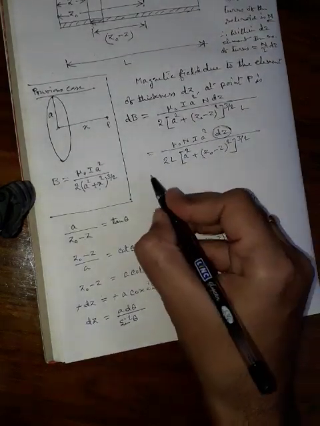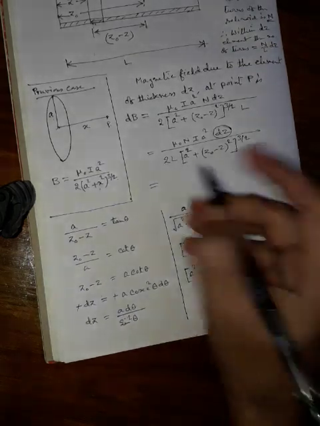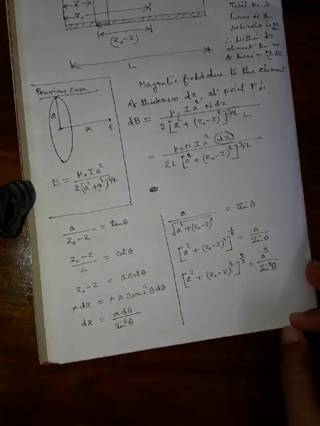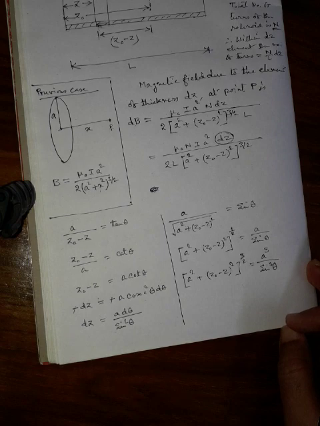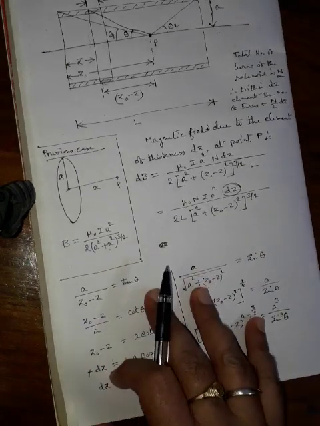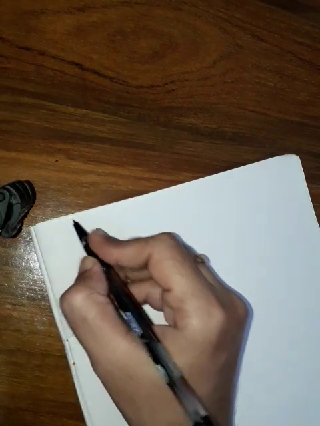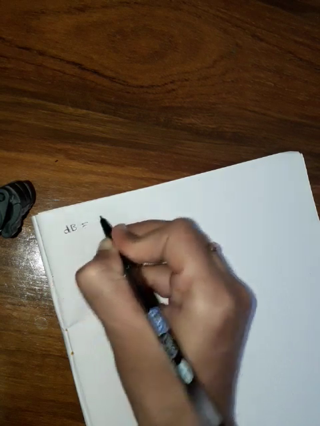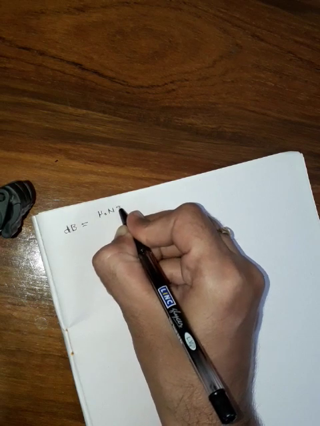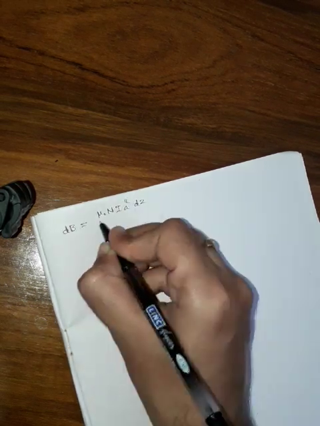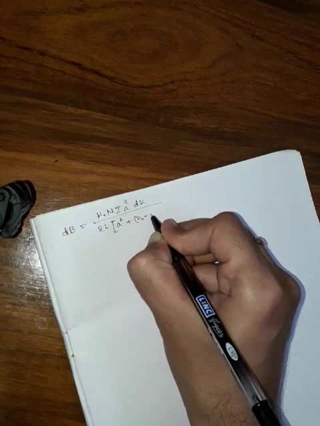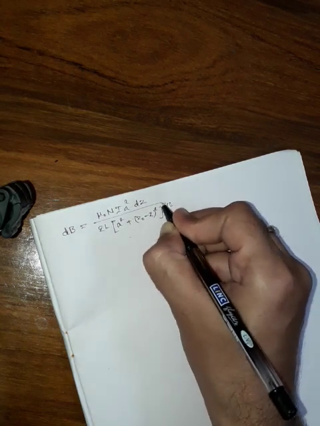Okay, let us go to the next page. For our convenience, I am writing it another time. dV is equal to mu 0 n I a square dz by 2L into a square plus z0 minus z whole square whole to the power 3 by 2.